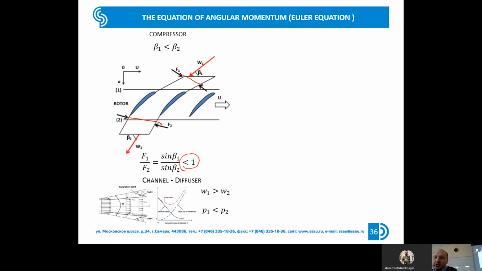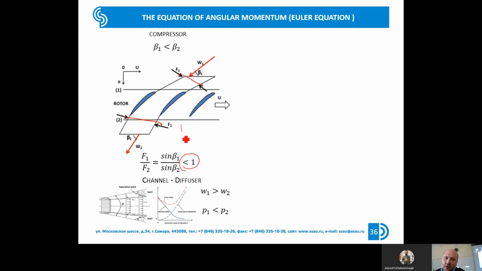I remind you that the diffuser channel has one big disadvantage. The flow very often separates from the walls in the diffuser channel. It's a big disadvantage of such a channel. Of course, you could avoid this disadvantage if you make the diffuser factor not so big.